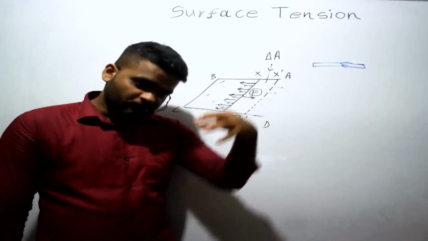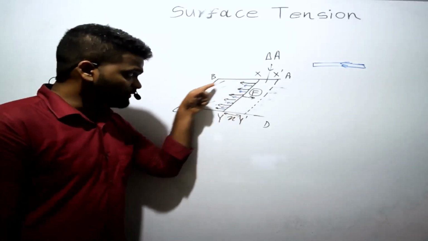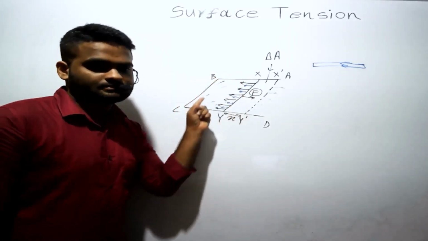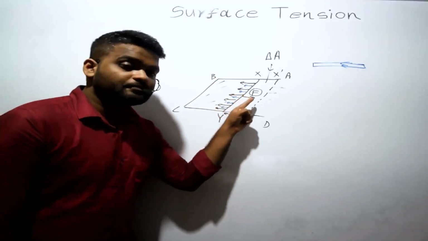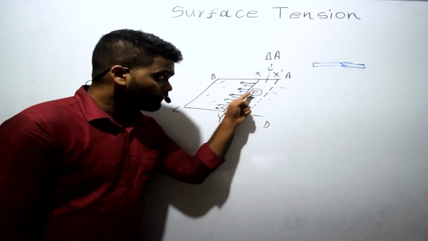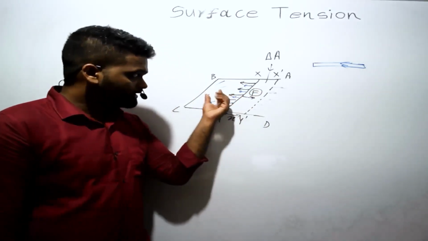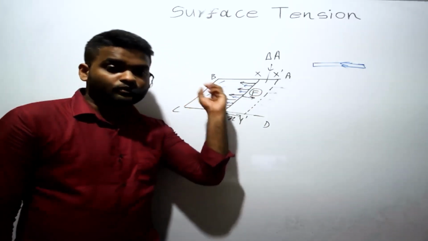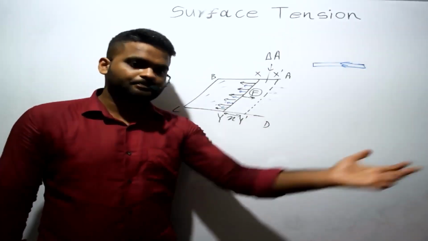So that work is stored in this liquid layer. That is what we call surface energy. If we find this work, that work is equal to the surface energy stored in this. Work is converted into the surface energy.